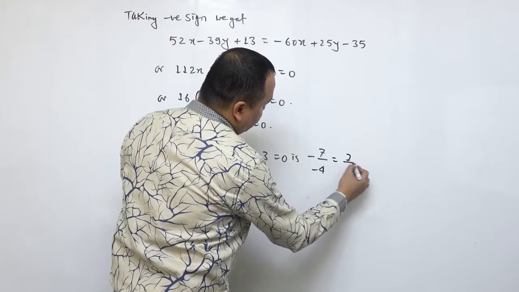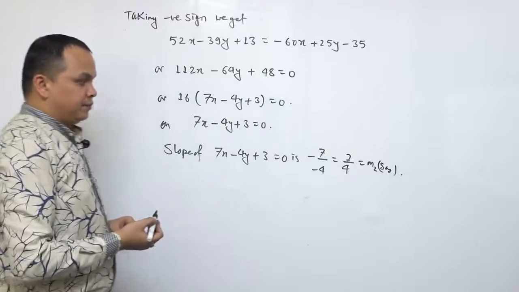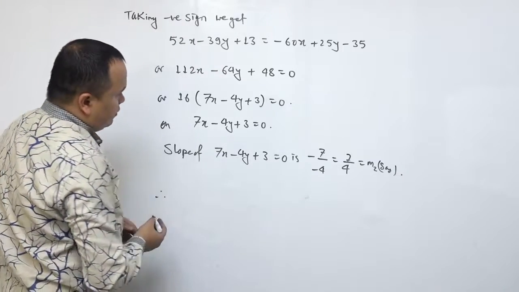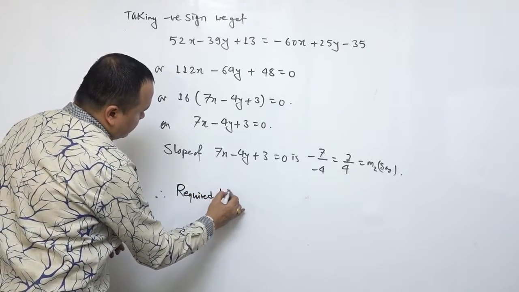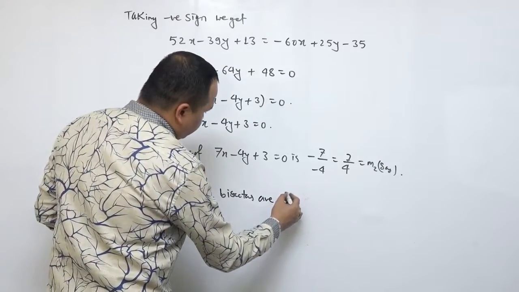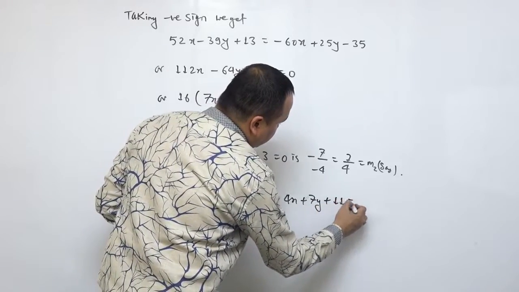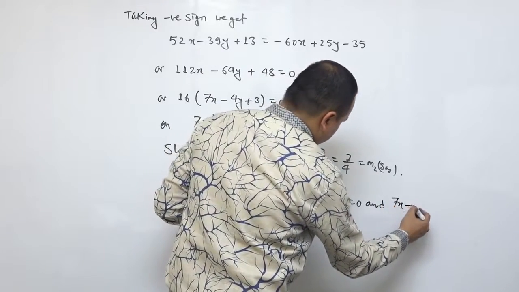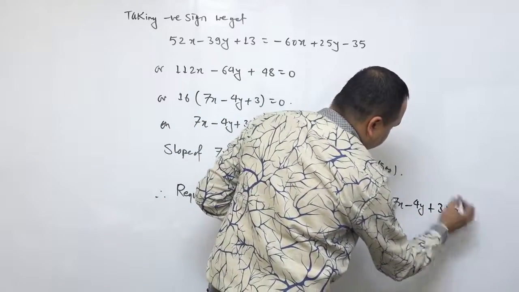This is just 7 upon 4, equal to m2, say. Therefore, the required bisectors are 4x plus 7y plus 11 is equal to 0 and 7x minus 4y plus 3 is equal to 0.